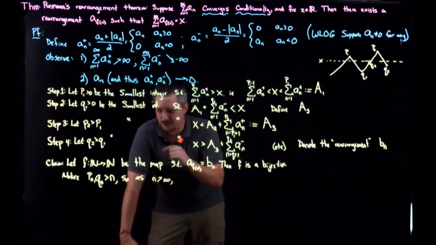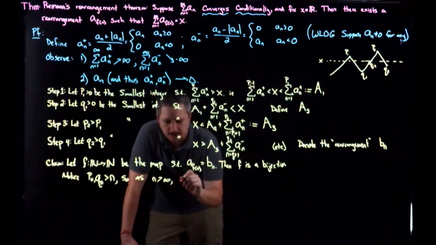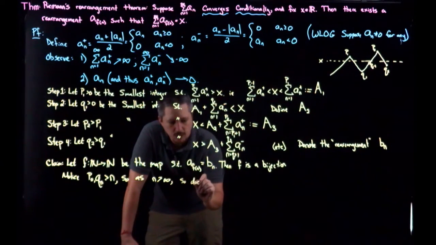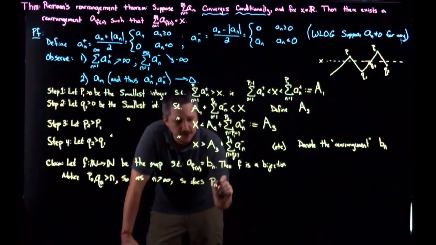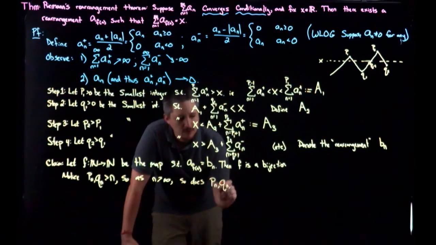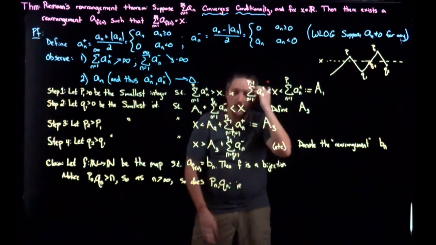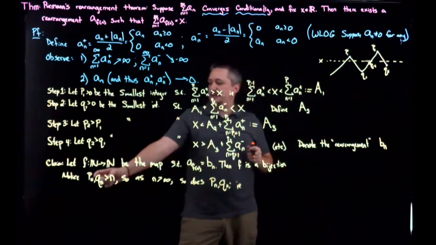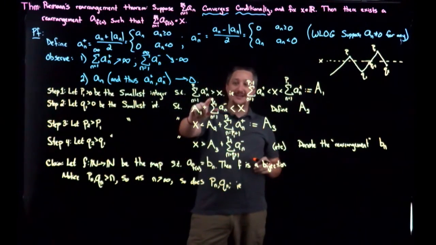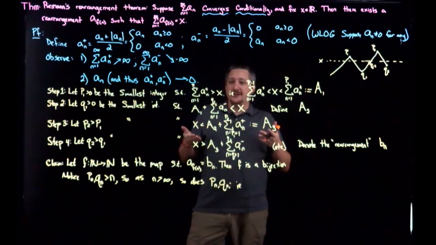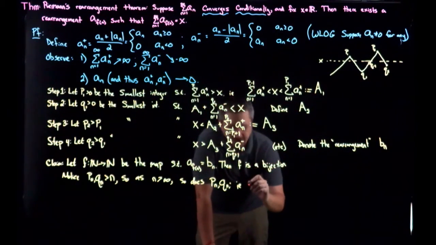So as n increases to infinity, so do Pn and Qn, which is to say that since the Pn and Qn, which is how many of the positive and negative terms I'm adding together, go to infinity, I'm adding together infinitely many. I'm adding together all of the terms.